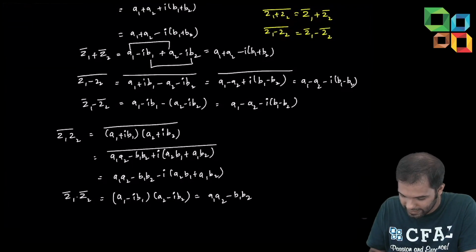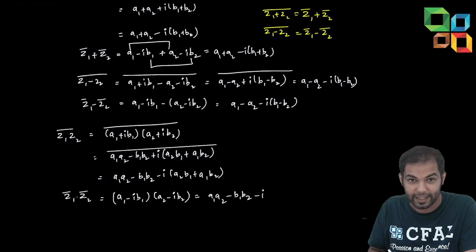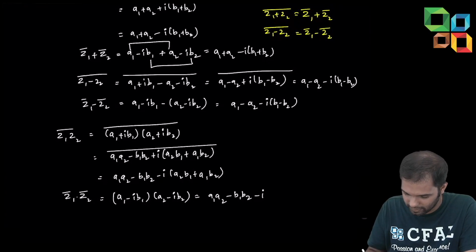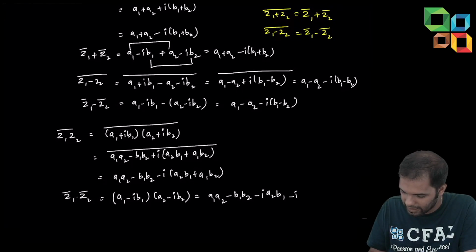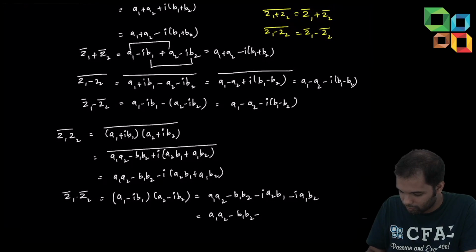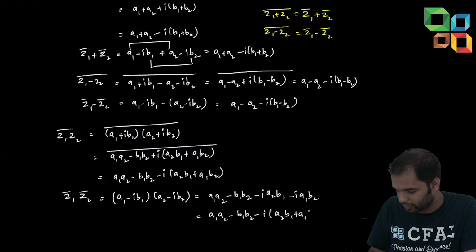Now the i terms: minus B1 into A2, which is A2 B1, again minus i into A1 B2. Now you can see this is nothing but A1 A2 minus B1 B2 minus i, if you take it as common, A2 B1 plus A1 B2. You can see that these two are equal.